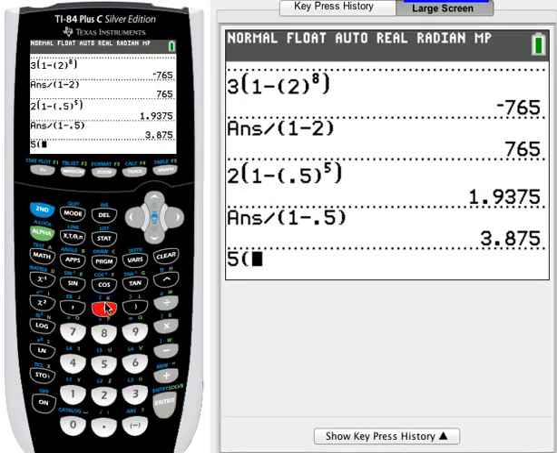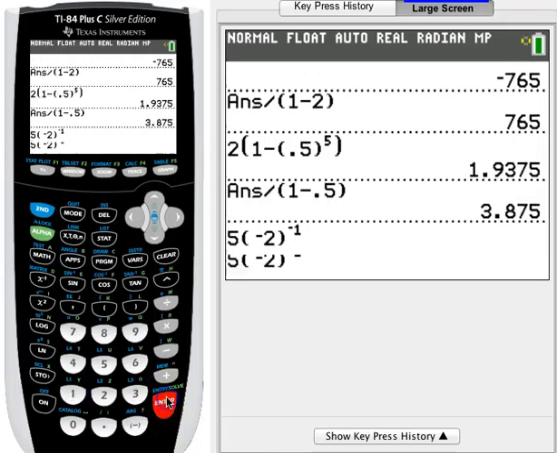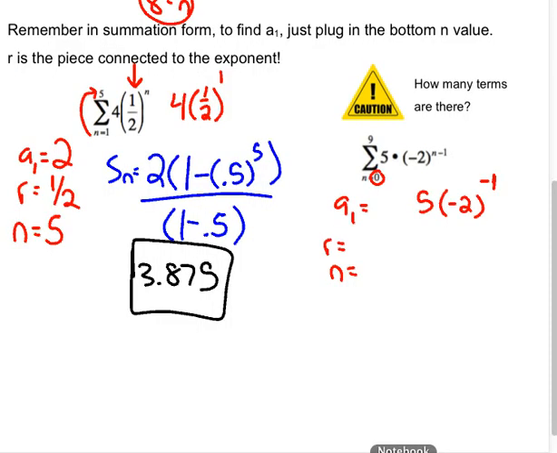So 5 times negative 2 to the negative 1 gives me a negative 2.5. So my first term is negative 2.5. My rate is whatever is being taken to that exponent. So my rate is negative 2.